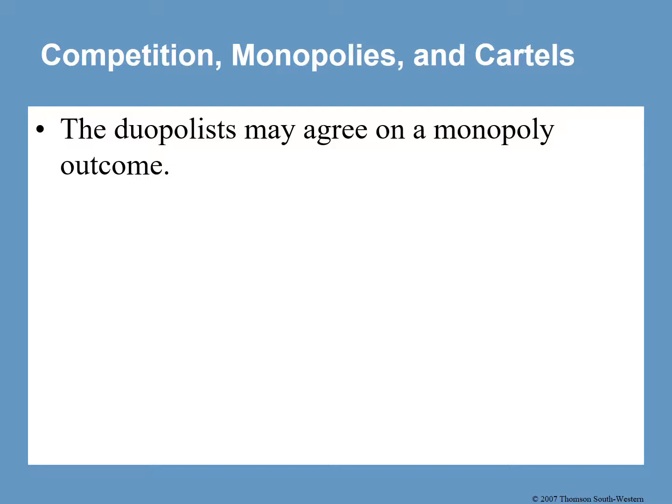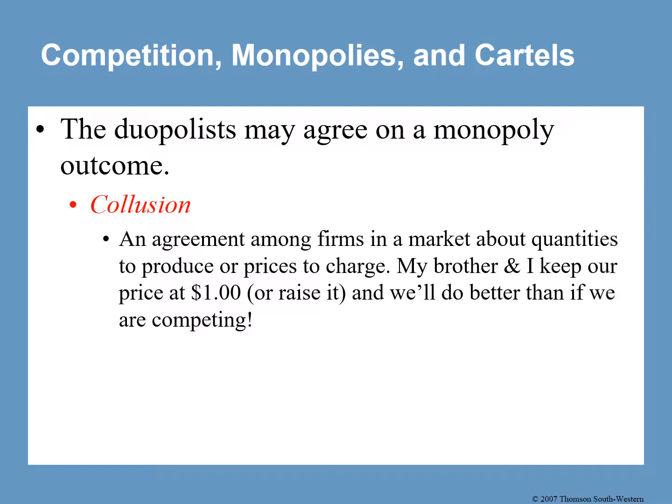Duopolists may agree. Think about my brother and me for an example when it came to the donuts, right? Sometimes duopolists agree to work together. The economic term for it is collusion. So this is an agreement between firms in a market about a quantity that is going to be produced and prices that get charged.